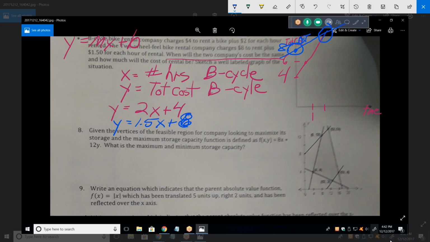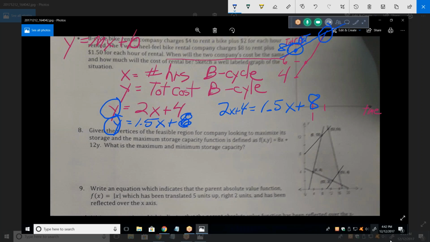Okay. Now, the question says, when will the two companies' cost be the same? Well, the bicycle company's cost is that y. The two-wheel field bike rental company is the blue y. And they're saying, when are they the same? That's the same as saying, when is 2x plus 4 equal to 1.5x plus 8?